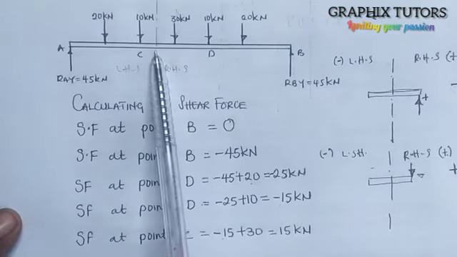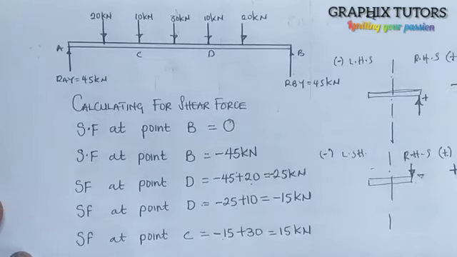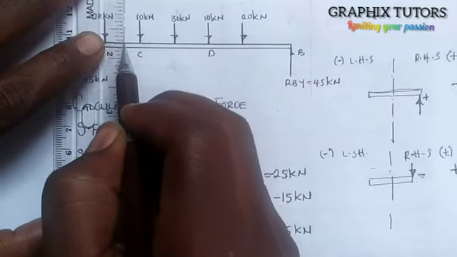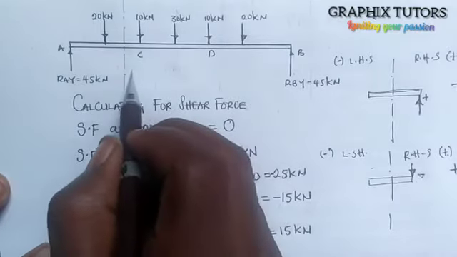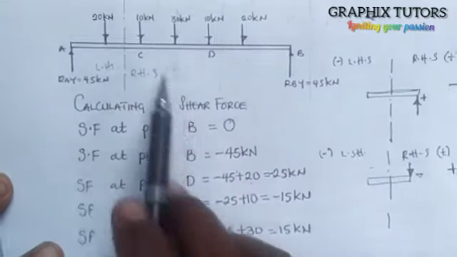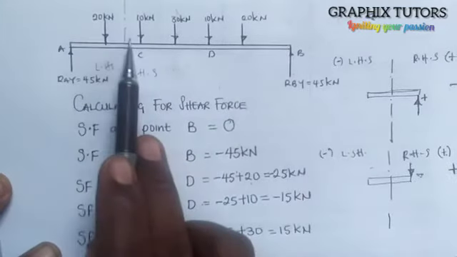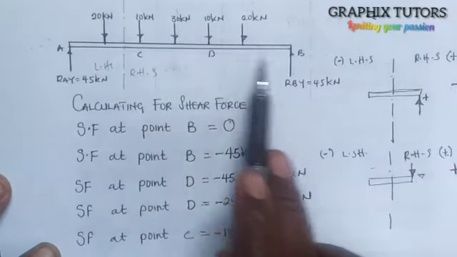Right? Now we'll now do after C. We've done before C, I will do after C now. So after C, I'm going to section it again at this point. Now this is my new right hand side and this is the left hand side. So from this point here, this side is my right hand side and from here to here is my left hand side. What do you notice? The right hand side is increasing.